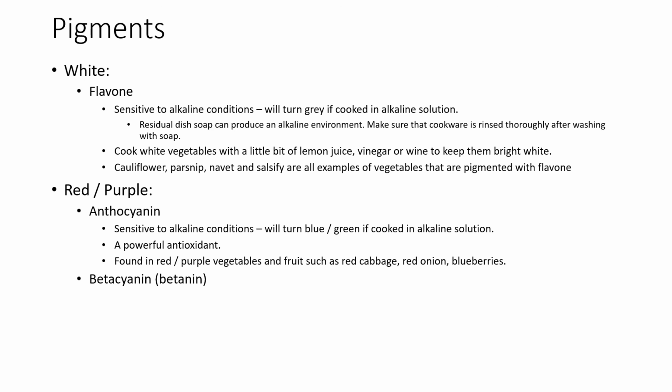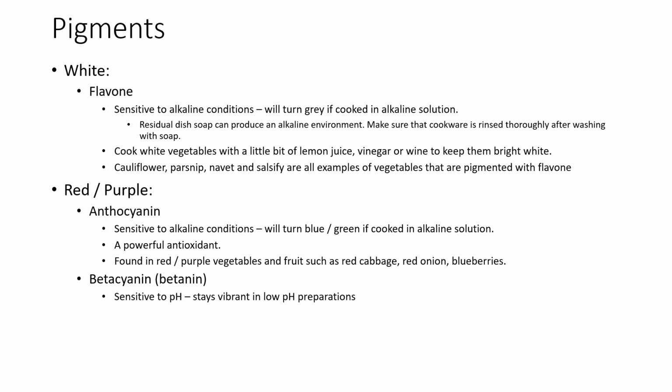Some other purple-red vegetables are pigmented by something called beta-cyanin or betanin. Again, like the anthocyanins, the betanin is very sensitive to pH, stays very vibrant in low pH preparations. If you're doing, say, a pickled beet, for example, very low pH, quite a lot of vinegar in there, you can see that the purple is going to just stay rich and deep purple.